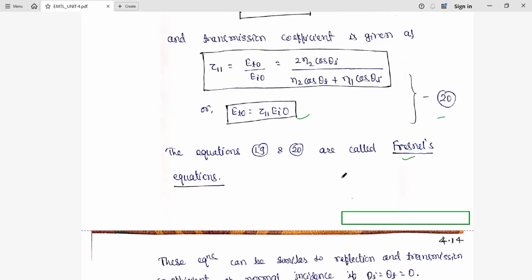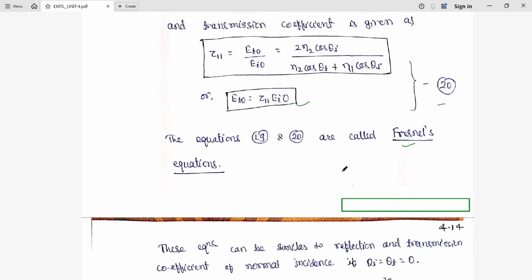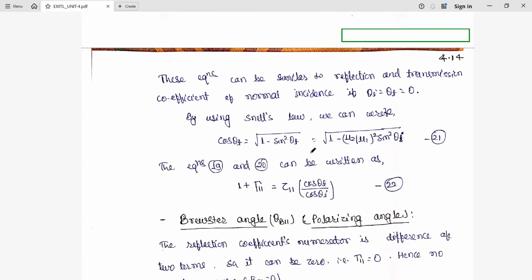So these Fresnel equations, here we have the situation of parallel polarization. Now we can see this in the form of Snell's law. For cos theta_t, we know cos square theta plus sine square theta equals 1. On that basis, cos square theta equals 1 minus sine square theta, so cos theta is the root under 1 minus sine square theta.